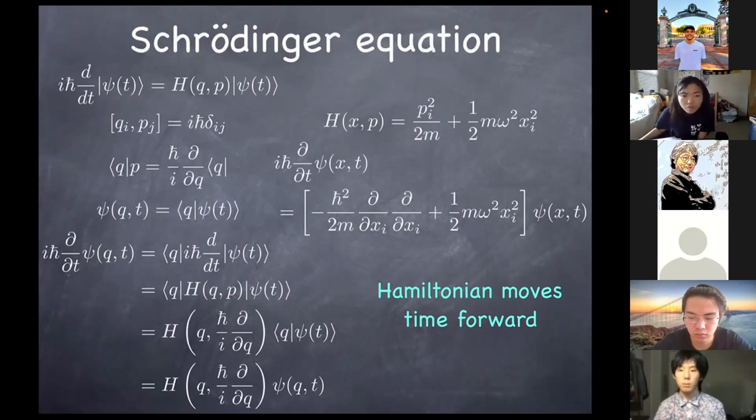I have a question about the left-hand side of the slide, the fourth equation. Can I ask what exactly it means? Because on the left-hand side, I see a wave function, and on the right-hand side, I see a bracket, which essentially means a scalar.